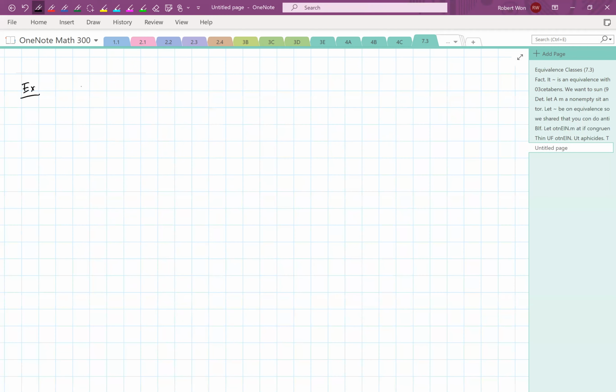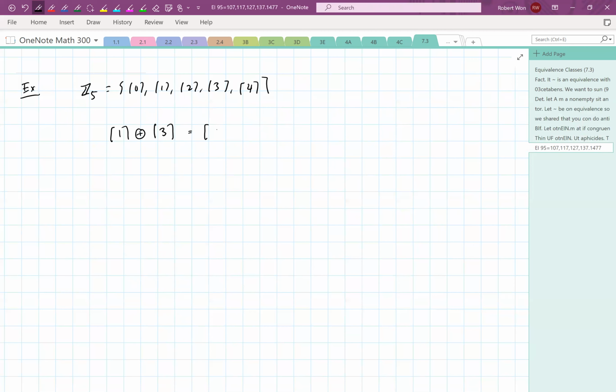If I take a look at the set Z sub 5, again, this consists of just 5 equivalence classes. There are many names for these equivalence classes, but there's only 5 of them. And what I've done is just defined an addition on these equivalence classes. So for example, I defined the sum of the equivalence class of 1 and the equivalence class of 3 to be the equivalence class of 1 plus 3, which we know how to do.